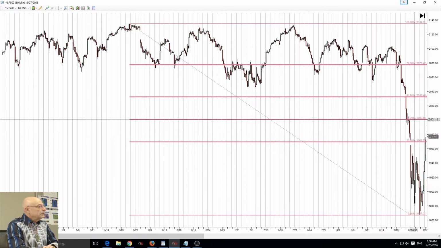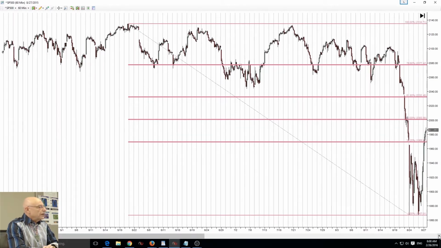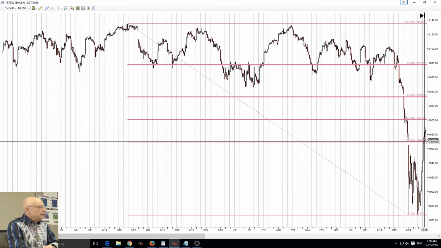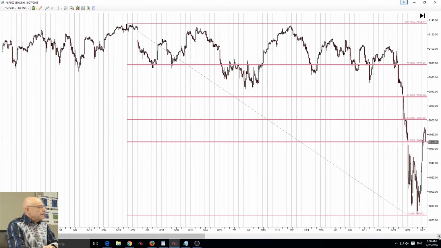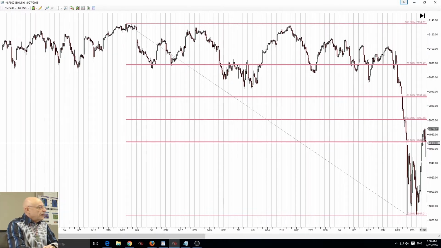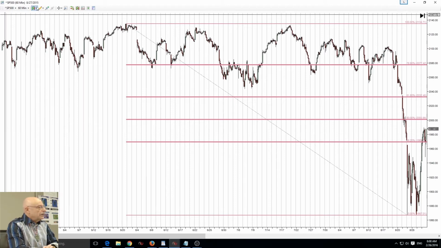So it's already constituted. We're going higher to 50% level, level 2000, S&P 500, and then pull back to that level and broke it down, but again broke in that level.